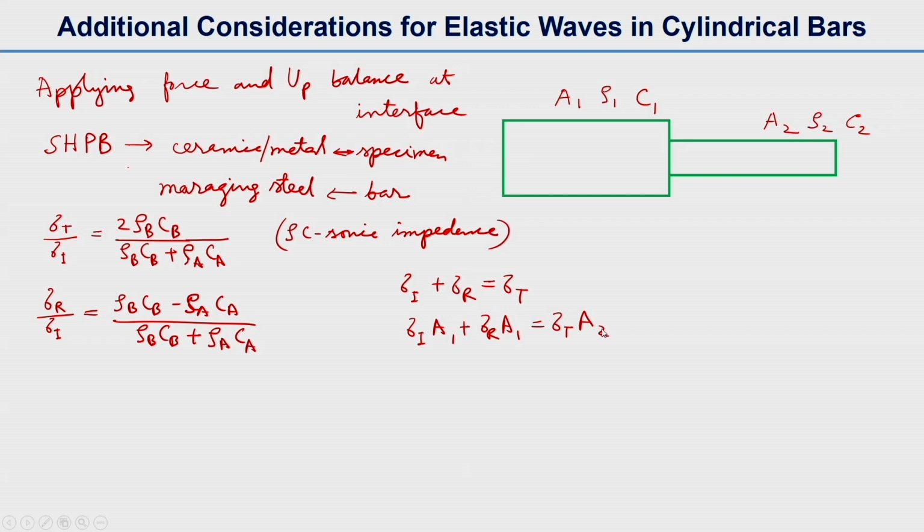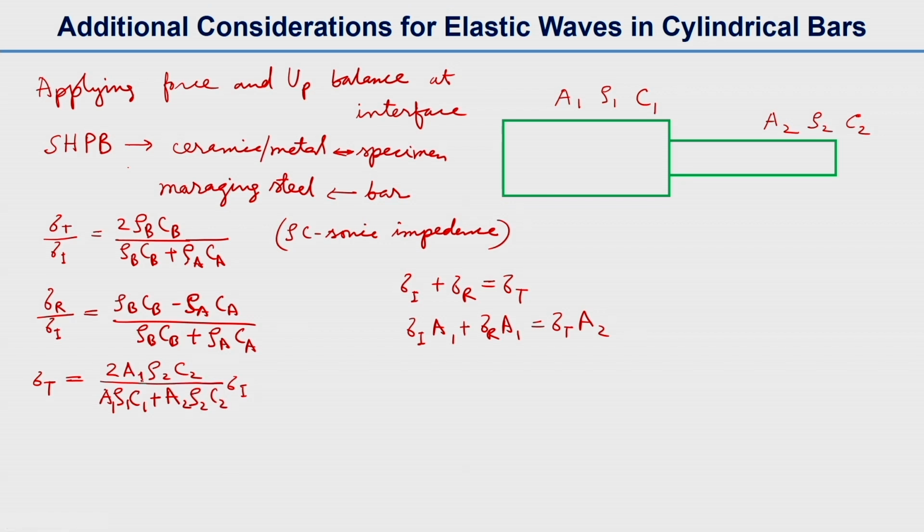Using these equilibrium conditions, we end up with sigma t equal to twice A1 rho 2 C2 sigma I divided by A1 rho 1 C1 plus A2 rho 2 C2.